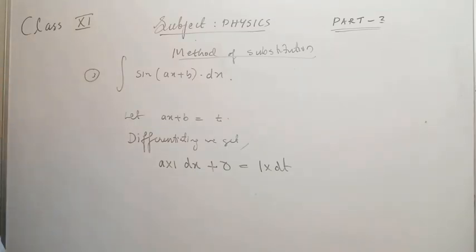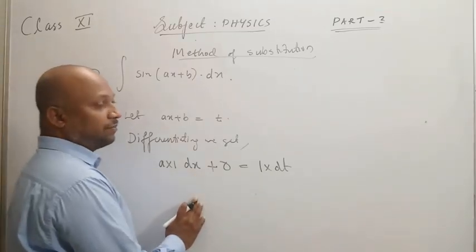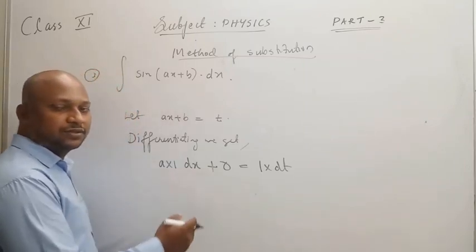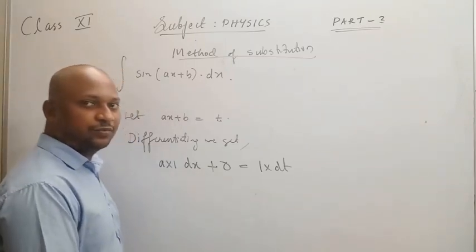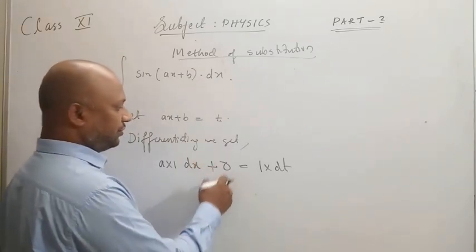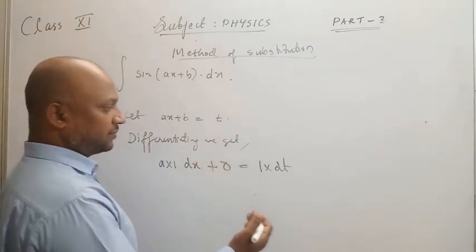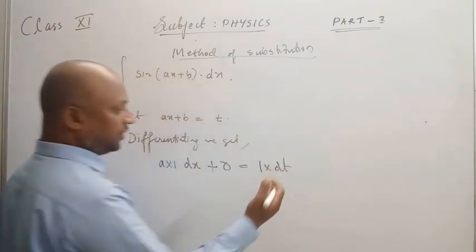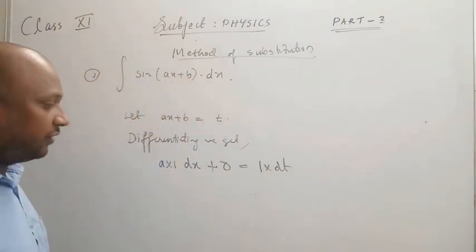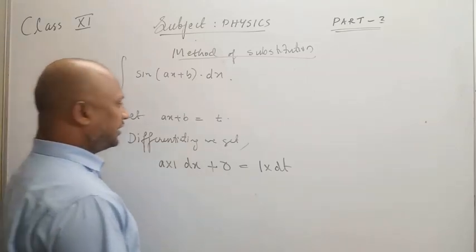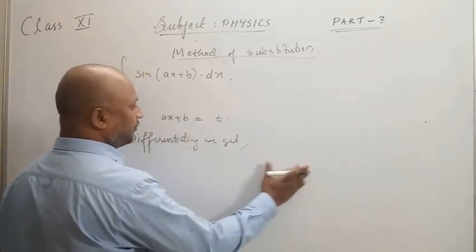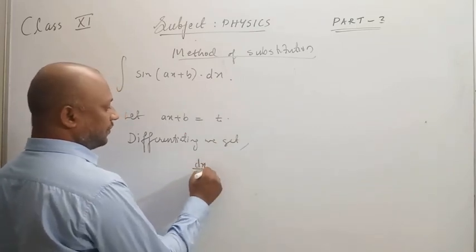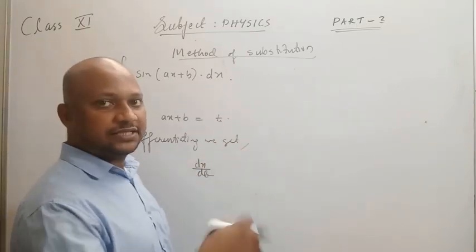So I should say like this: a into dx upon dy, whatever it is, here 0 into dx upon dy, and here 1 into dt upon dy. So you can go for that method, or otherwise you can go for finding dx by dt, or otherwise finding dt by dx.